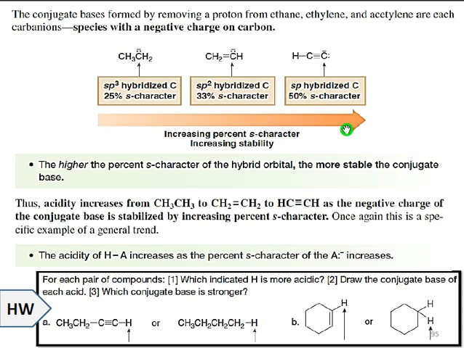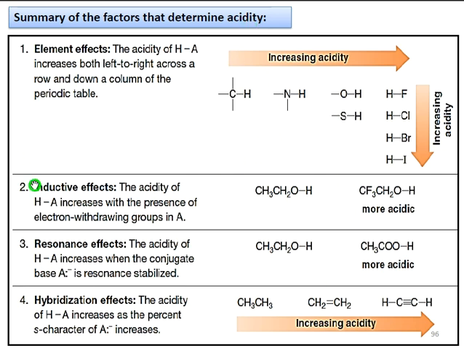That means the position in the periodic table depends on the stability, the resonance depends on the stability, the hybridization depends on the stability, and the inductive effect depends on the stability. All the factors depend on the stability of the conjugate base, which gives you a stronger acid. Here is the summary of all four factors.